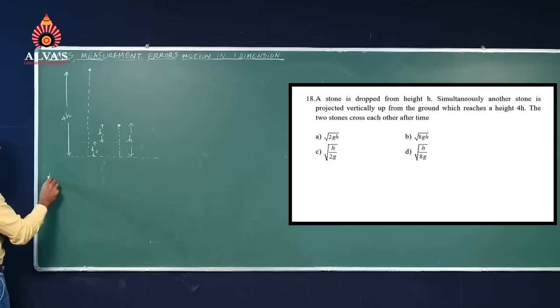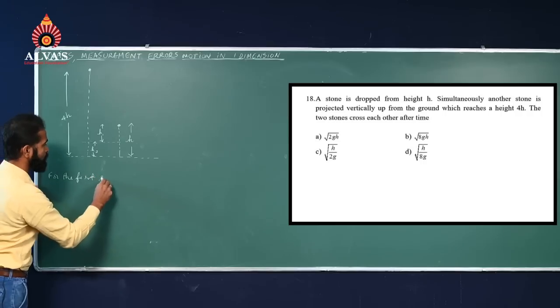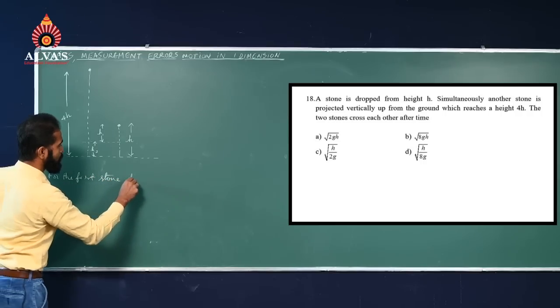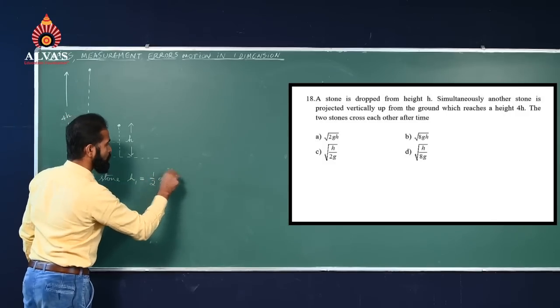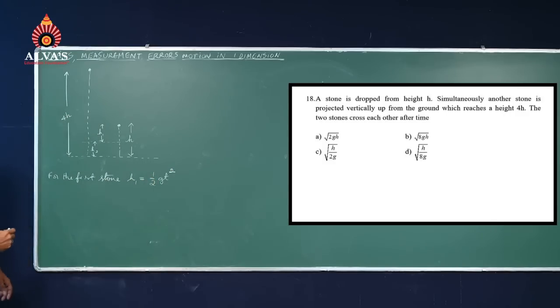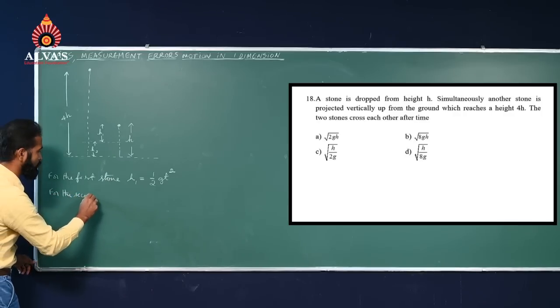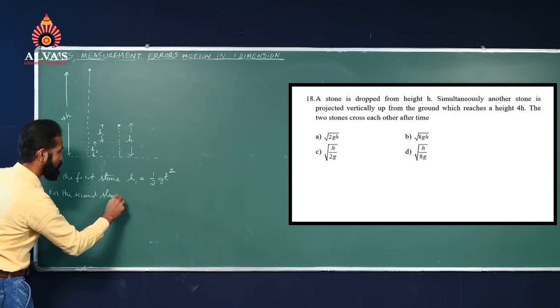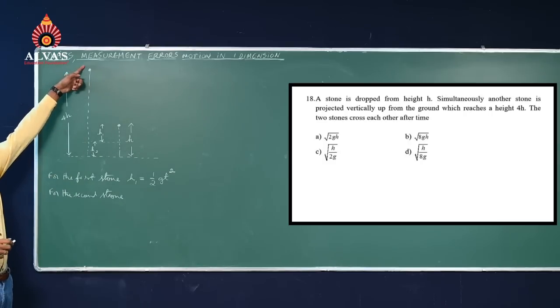So for the first stone, the distance traveled by it, h1, is only half gt square. For the second stone, when it reaches the maximum height, its velocity is going to become 0.